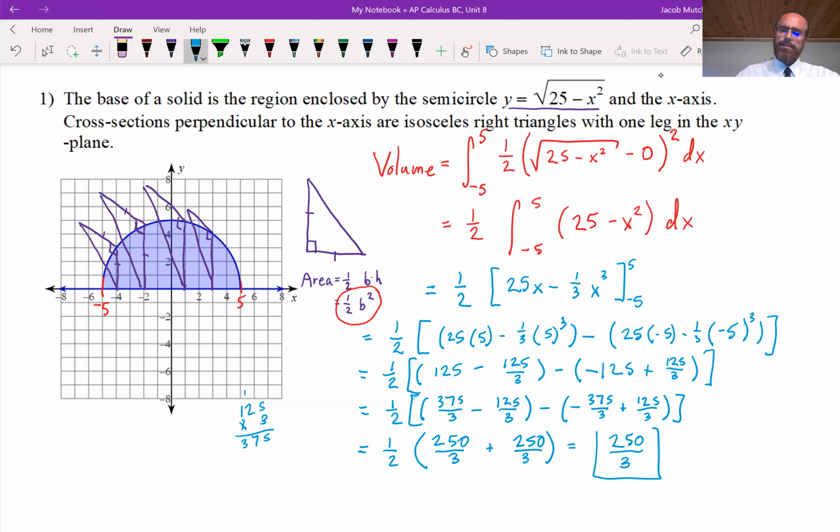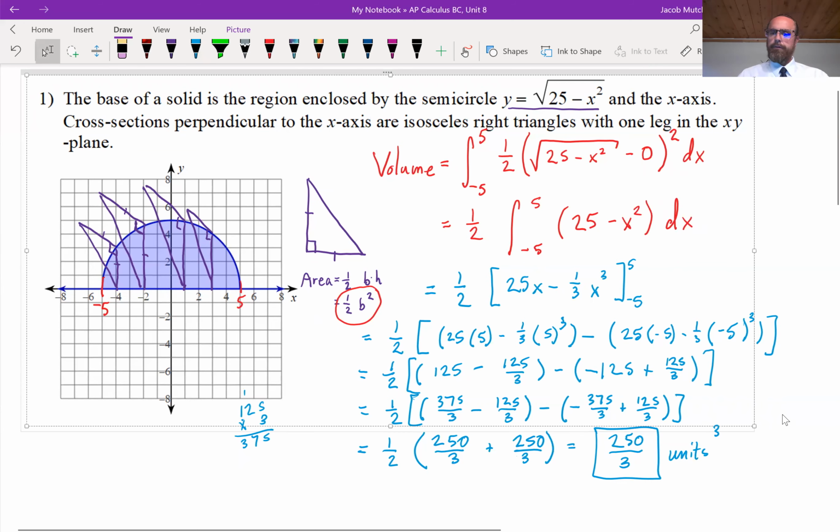And that completes this volume. I should put units cubed, cubic units. So in our first example, the base is a semicircle and our cross sections are isosceles right triangles.